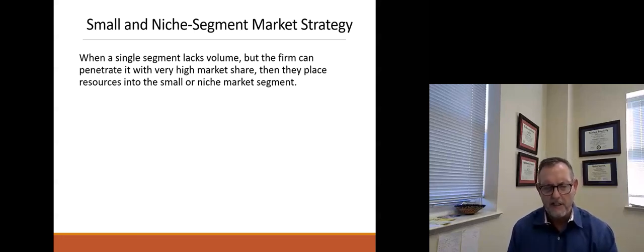And the approach here is when we find a niche or a small, well-defined group of consumers, our goal, if we want to attract them, is to be known within that group as the main dominant feature or product or brand for that market segment.